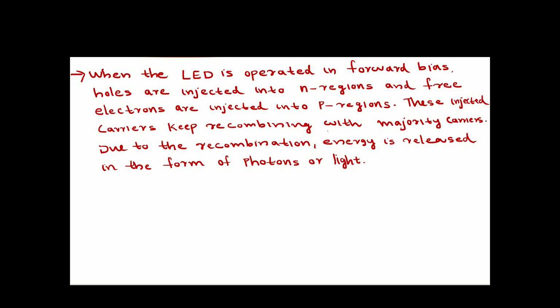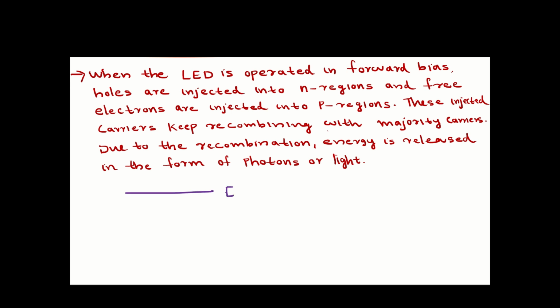When the LED is operated in forward bias, holes are injected into the N region and free electrons are injected into the P region. These injected carriers keep recombining with majority carriers. Due to this recombination, energy is released in the form of photons or light.